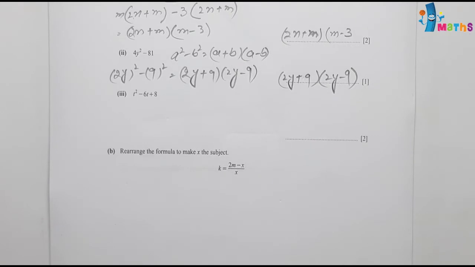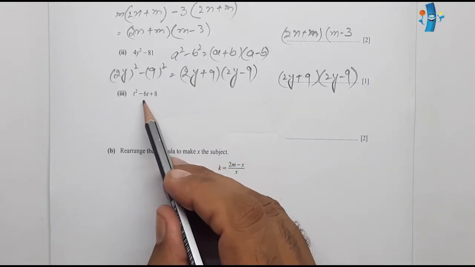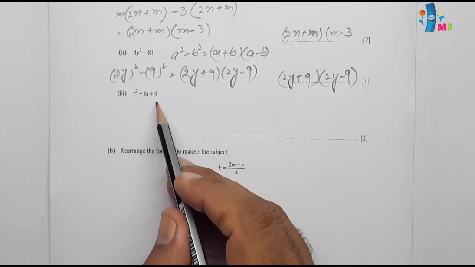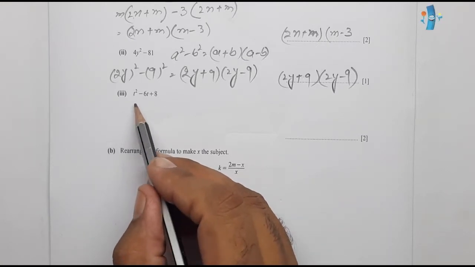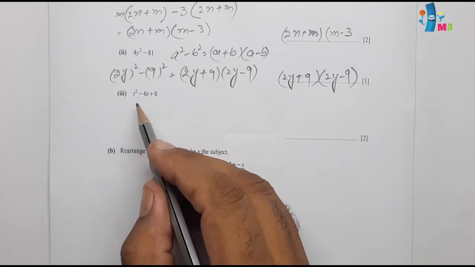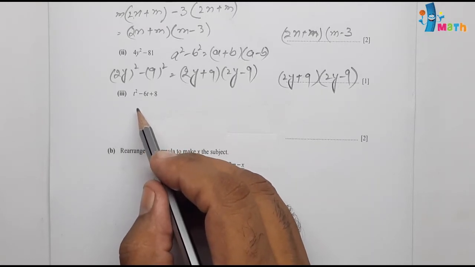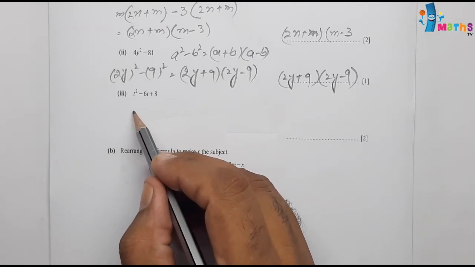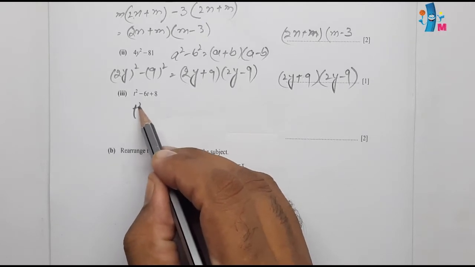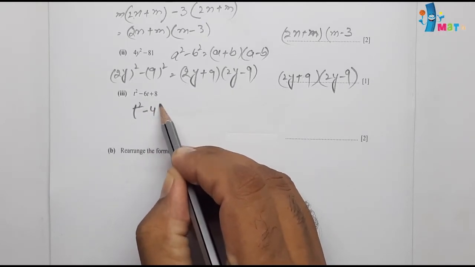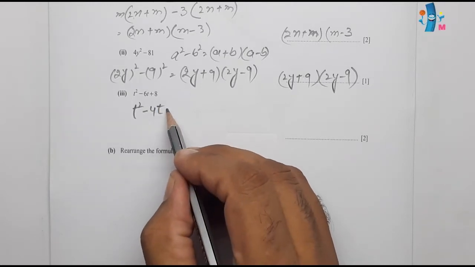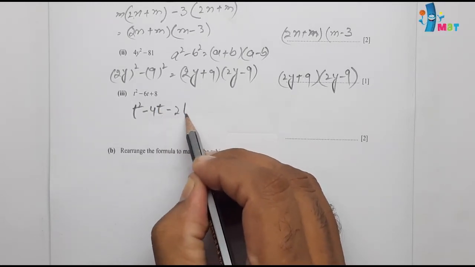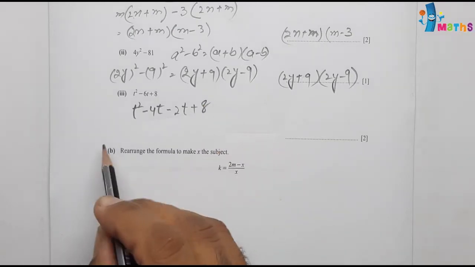Similarly, next part, t square minus 6t plus 8. We have to factorize this one, and we can write the factors like, for example, t square minus 4t minus 2t plus 8.